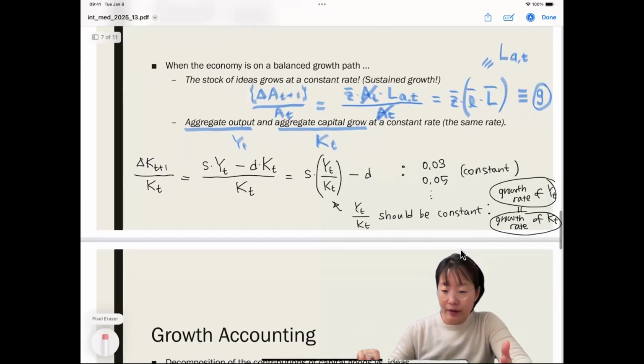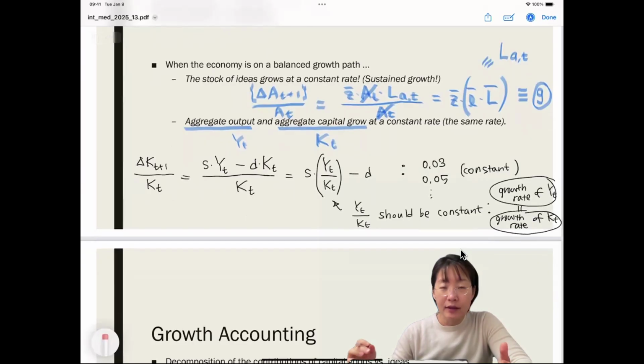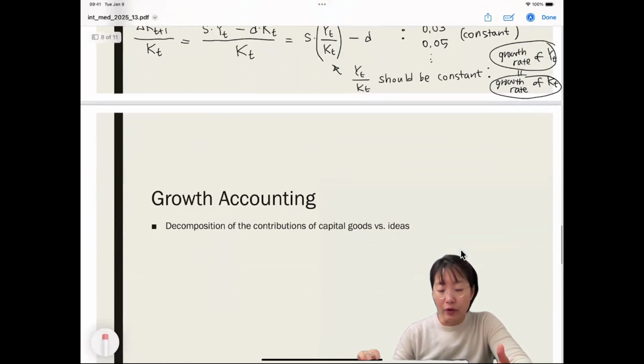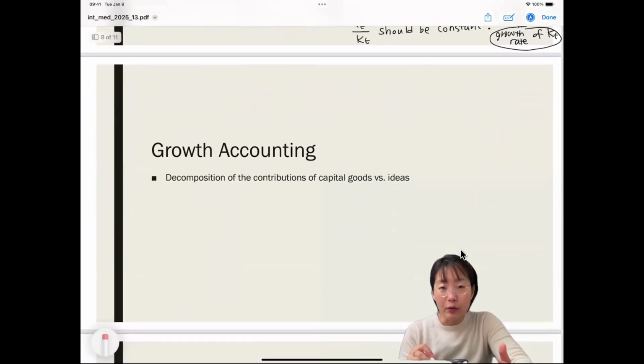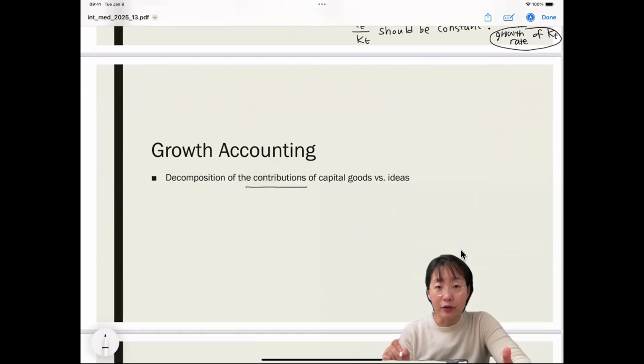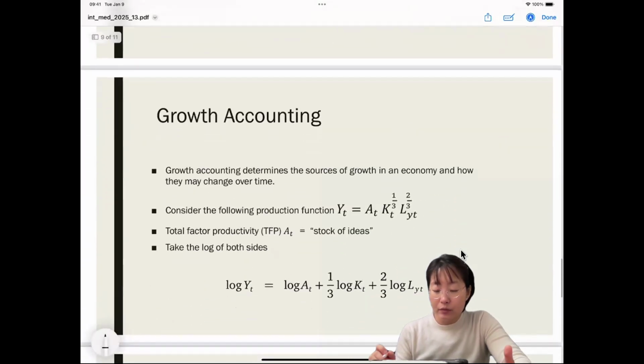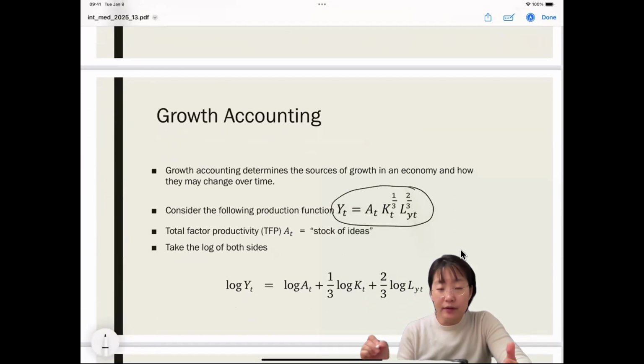Then we are going to use this characteristic for growth accounting. Growth accounting means that we are going to decompose the contributions of capital goods versus ideas toward GDP. So the production function was given by this Cobb-Douglas function.